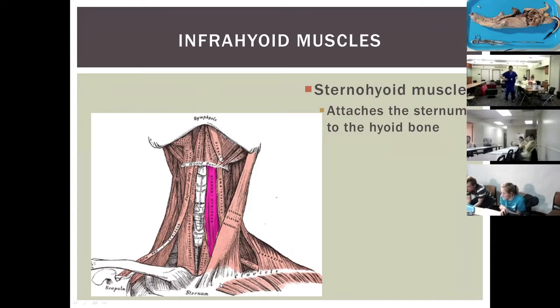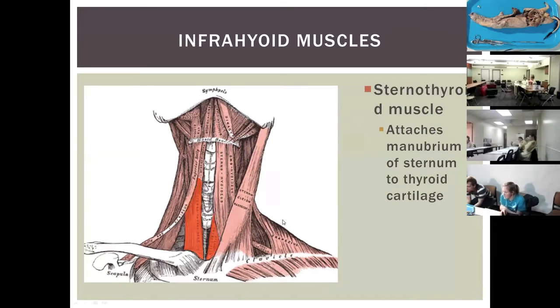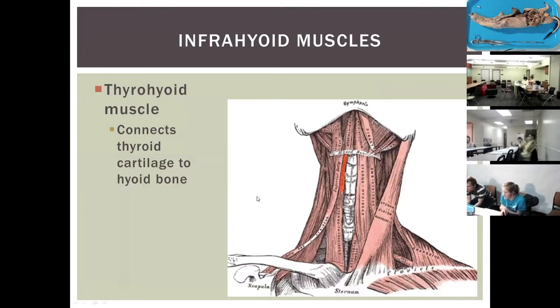We can't really see where it starts here because the sternocleidomastoid is still covering it up a little bit. It goes from the sternum all the way to the hyoid bone. It's the one in pink here. The sternothyroid muscle goes again from the manubrium of the sternum to the thyroid cartilage. The thyrohyoid muscle connects the thyroid cartilage to the hyoid bone.